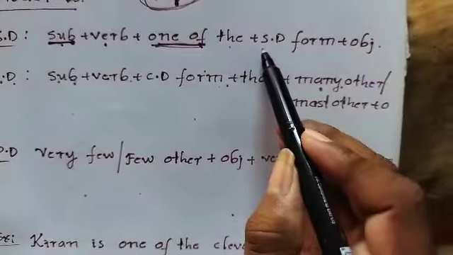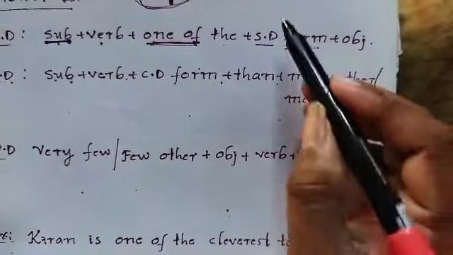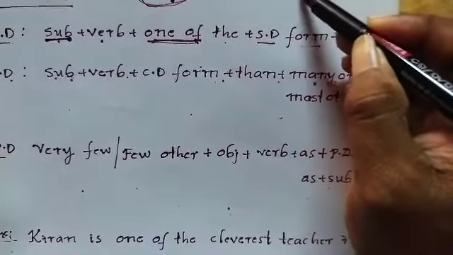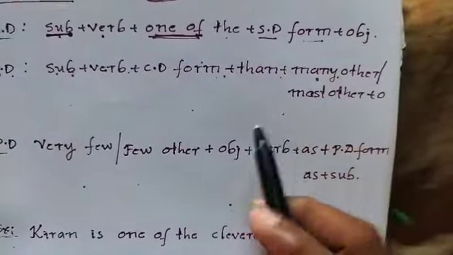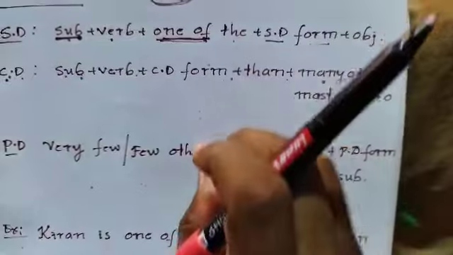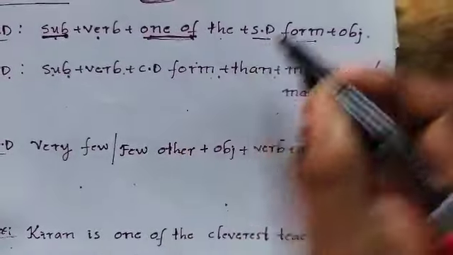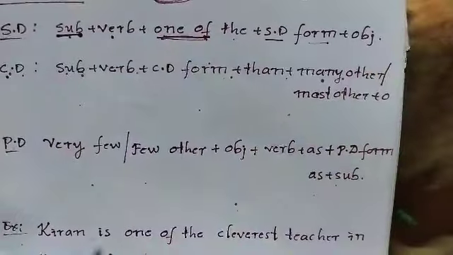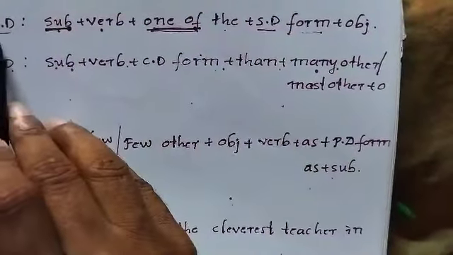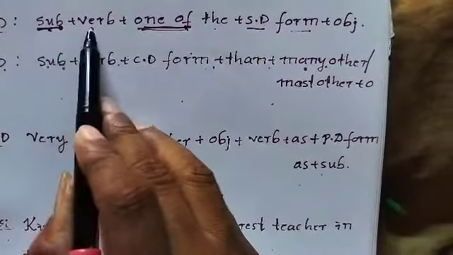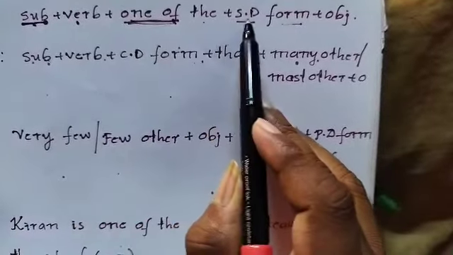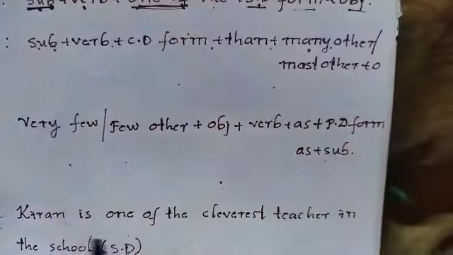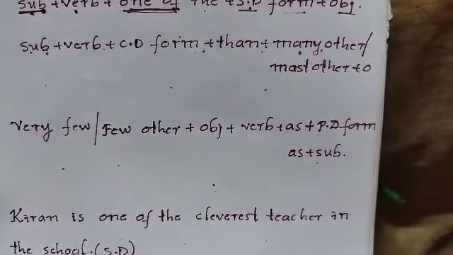Then it follows the SD form, the superlative degree form, cleverest, like that. There are many adjectives, but I am taking only clever. So once again, the structure is subject, verb, one of the, SD form, plus object. It is the superlative degree structure.